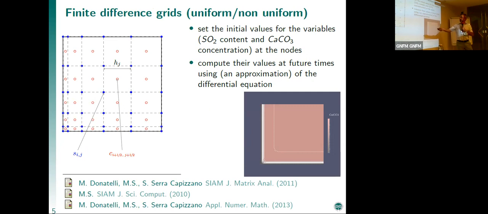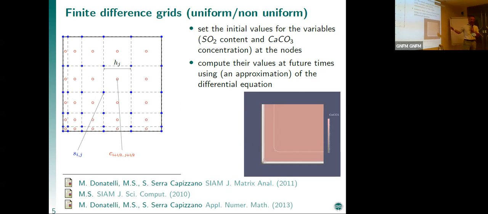At these points, we store, compute, and evolve in time the quantities S and C, which are representative of the amount of gas and the amount of marble present around that point, in one sense or another, depending on the specific numerical discretization technique that we're using.